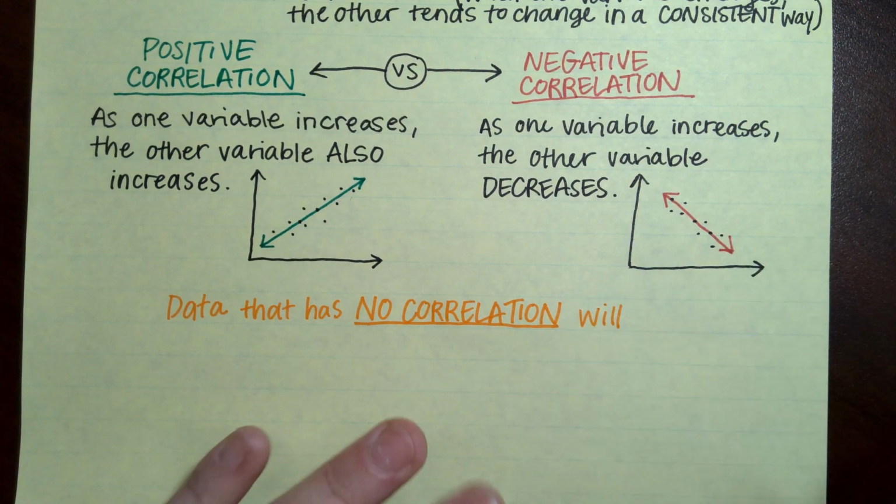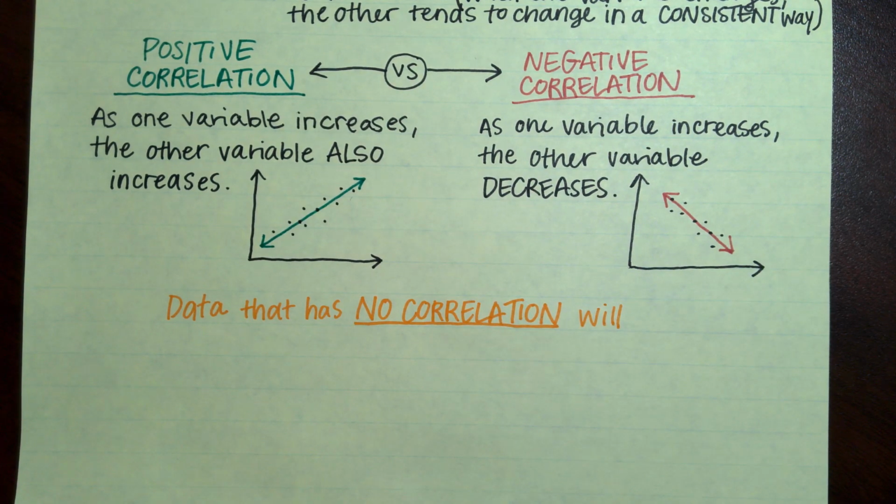I want to make sure I describe this correctly. Does it sound right to you if I say data that has no correlation will not have an obvious line of best fit? Yeah. Let's say that. Okay.